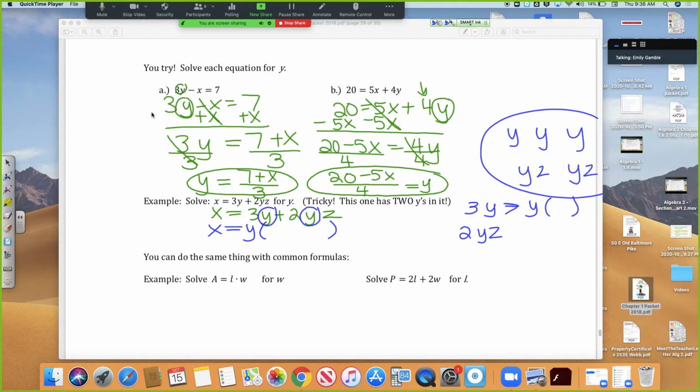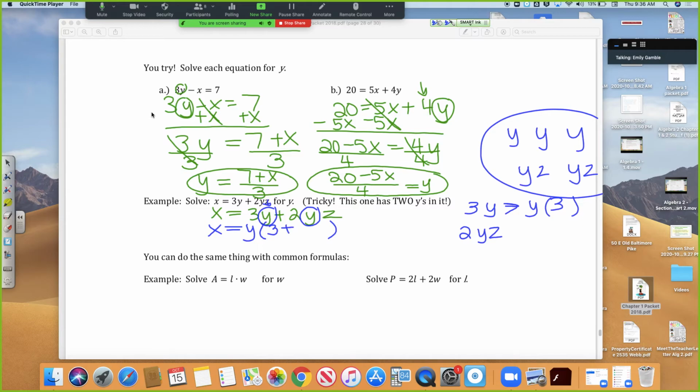So if I take this y out of this term right here, what would I have to put here so it still was equal to 3y? Yes, we would need a 3 right here. If we factor out a y, we will still need a 3 for it to still equal 3y.